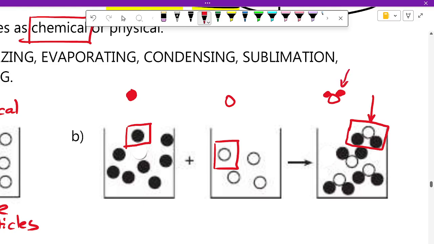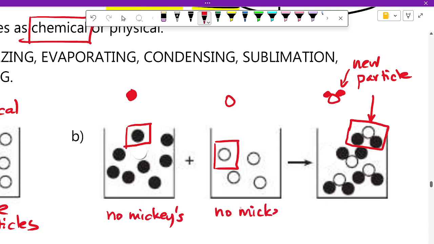That is a new particle. We have no Mickeys, no Mickeys. Now we have Mickeys. So we have new particles. If we have new particles, was that chemical or physical? Chemical.